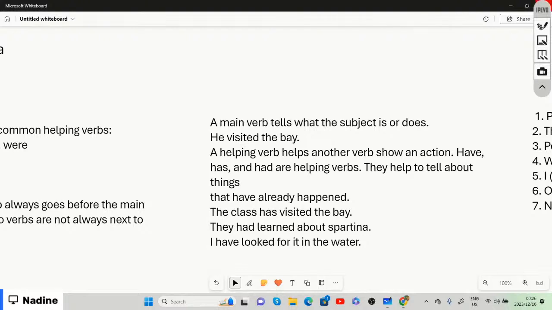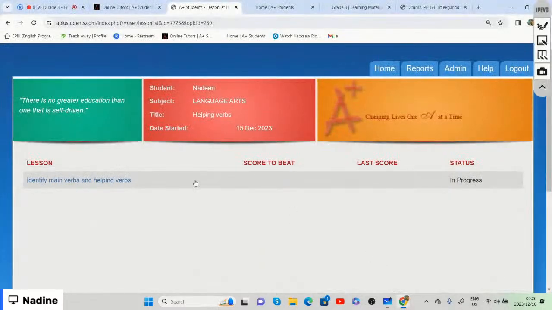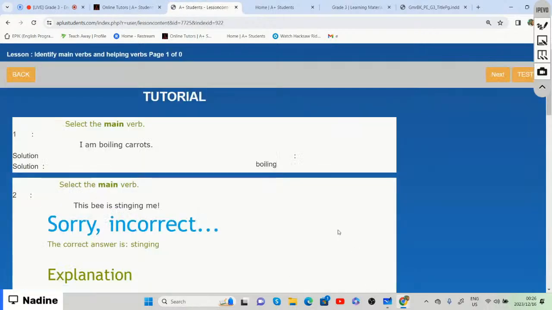All right, so now we're on aplusstudents.ca. Our lesson under the chapter of helping verbs is to identify main verbs and helping verbs.